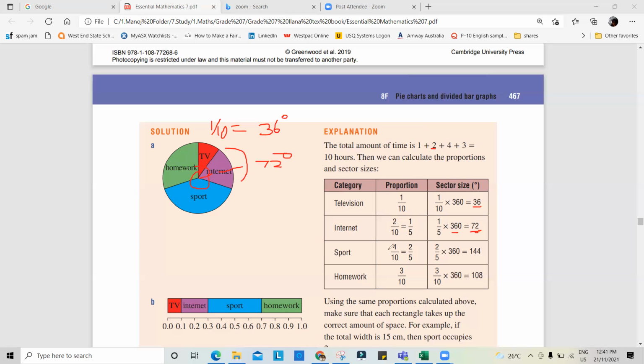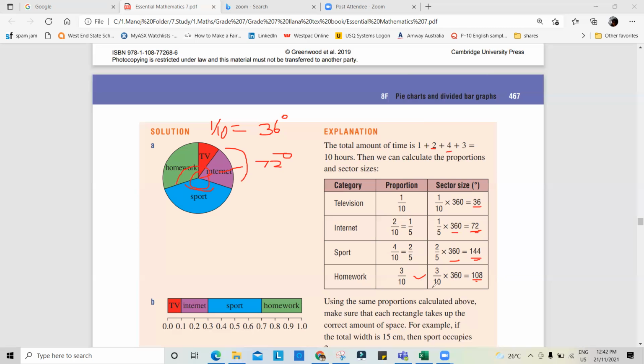Now next one, sports, 5 over 10 equal to 1 over 2. Actually 4 over 10, which is 2 over 5, multiplied by 360 is 144. Now 144 degrees, this angle. Now next one, homework. Homework is 3 over 10. 3 over 10 of 360 is 108 degrees. That is this part.